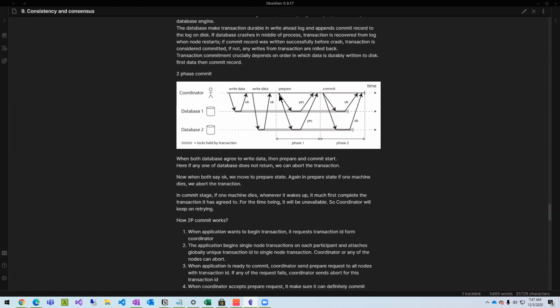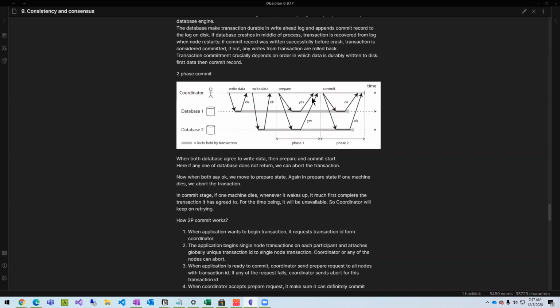So we will have another component called the coordinator. In the prepare step, the coordinator will ask both the nodes if they can definitely commit the data or not. And it will then get the reply from both of these, right?